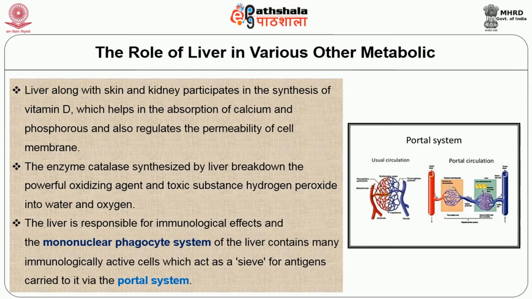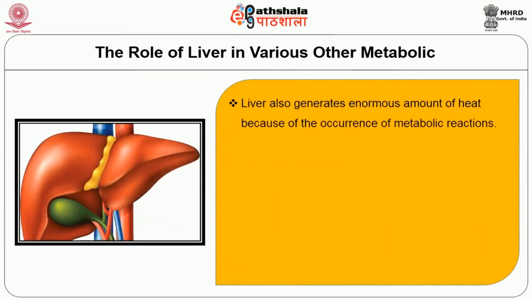The liver is responsible for immunological effects, and the mononuclear phagocyte system of the liver contains many immunologically active cells which act as a sieve for antigens carried to it via the portal system. The liver also generates an enormous amount of heat because of the occurrence of metabolic reactions.